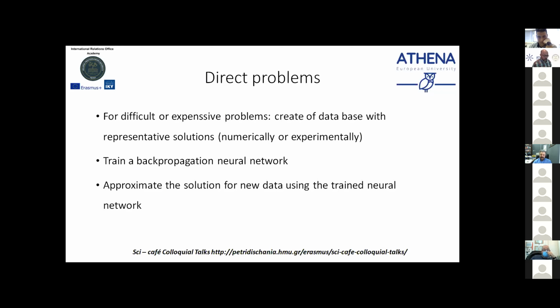It means the creation of the database with representative solutions is numerically or experimentally expensive. And then we use the neural network in order to approximate the result of this problem, which, I say again, could be a very expensive dynamic finite element problem, which takes a lot of minutes or hours on the computer to be solved.